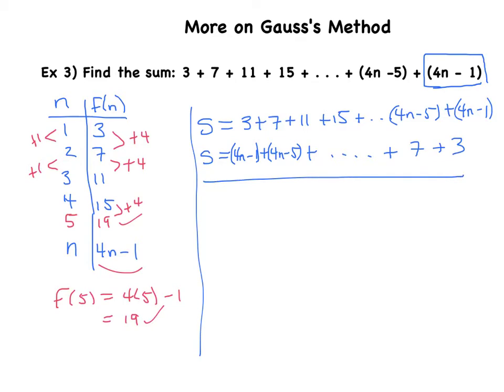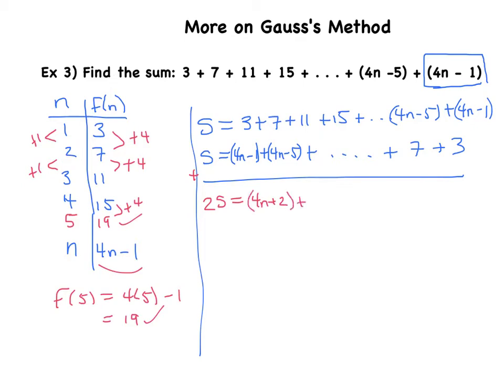So we're going to add these up and see what we get. So S plus S as usual is 2S. 4n minus 1 plus 3, well, ignore the 4n. Well, not ignore it, but that's going to be 4n. And then 3 plus a negative 1 is 2. So it becomes 4n plus 2.